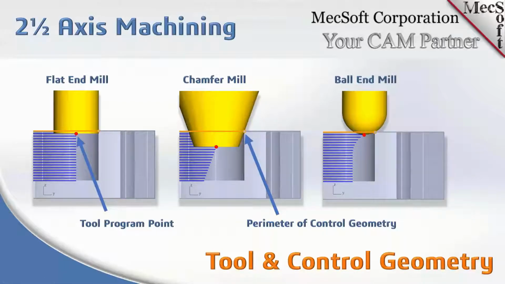This typically is not what you want to do, especially if you're machining molds. Obviously, if this area right here was a parting line, you don't want that cutter to ride that parting line, because it's going to cut that edge at 1, 2, 3, 4, 5, 6, 7 levels. That tool is going to recut that edge 7 times, and you're going to have tolerance build up. You're going to have just a sloppy edge right there.